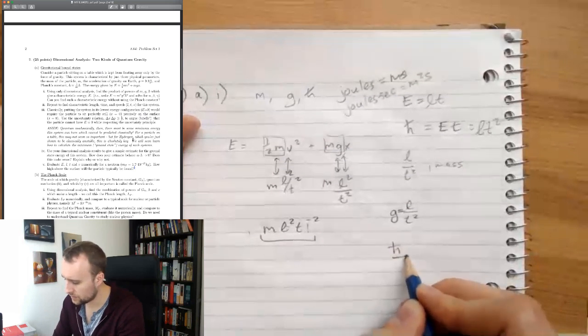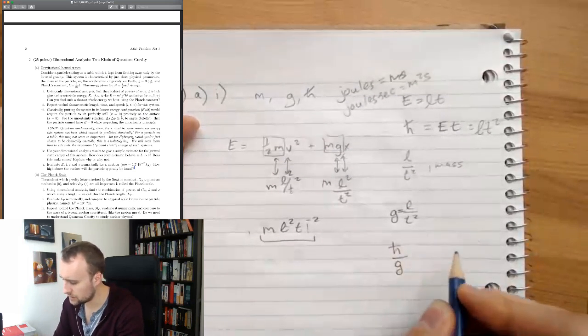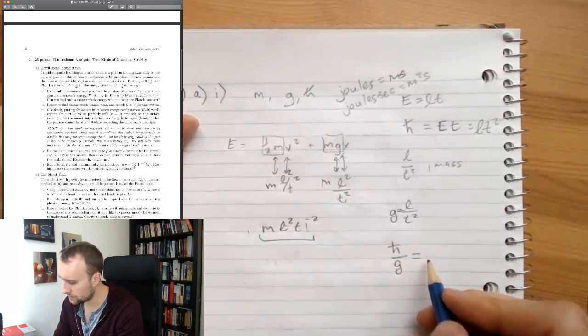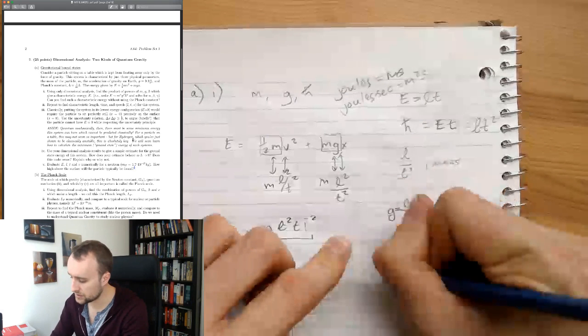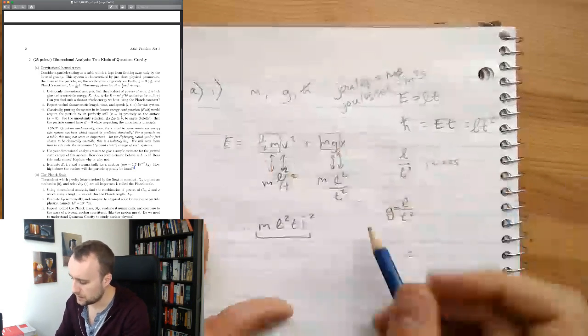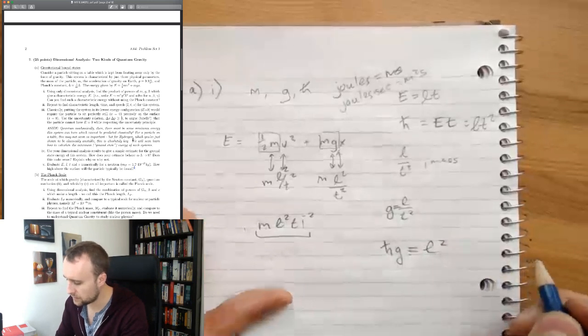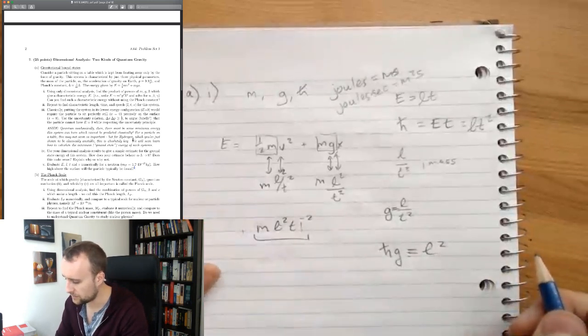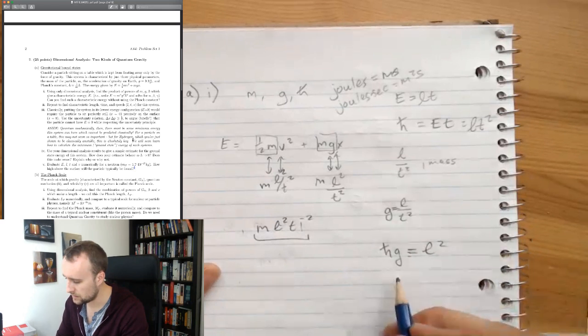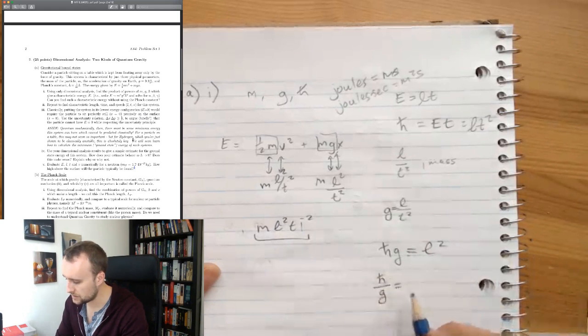So h bar over g gives us, h bar g, hold on a second. H bar g gives us L squared. And then we need to divide it by time squared, which is going to be what? H bar divided by g, right?